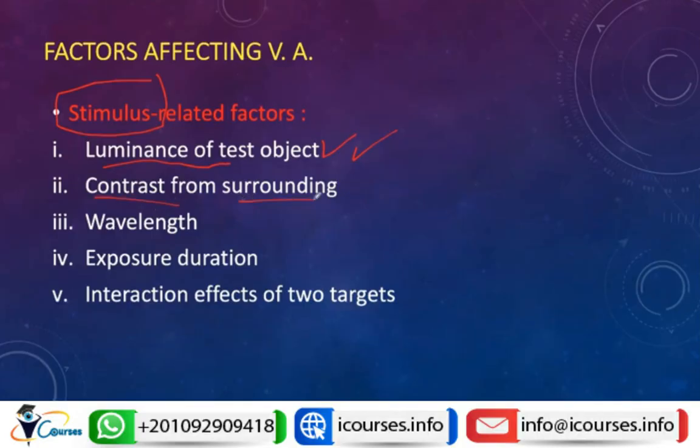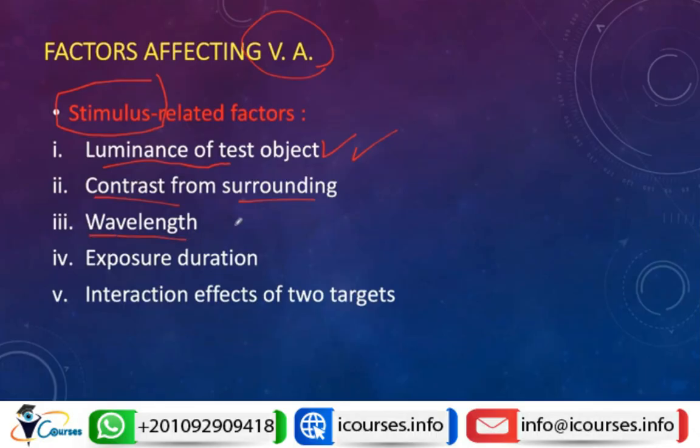Contrast also has a role because, as you can see, visual acuity charts are always made of black and white. A white background with black optotypes gives the best contrast, and the best visual acuity possible. So contrast is important.